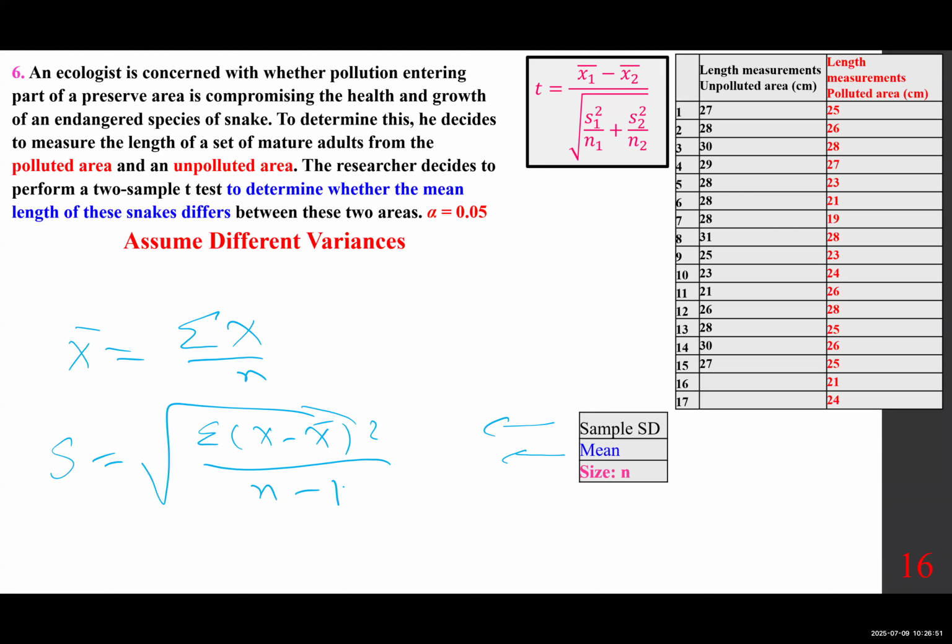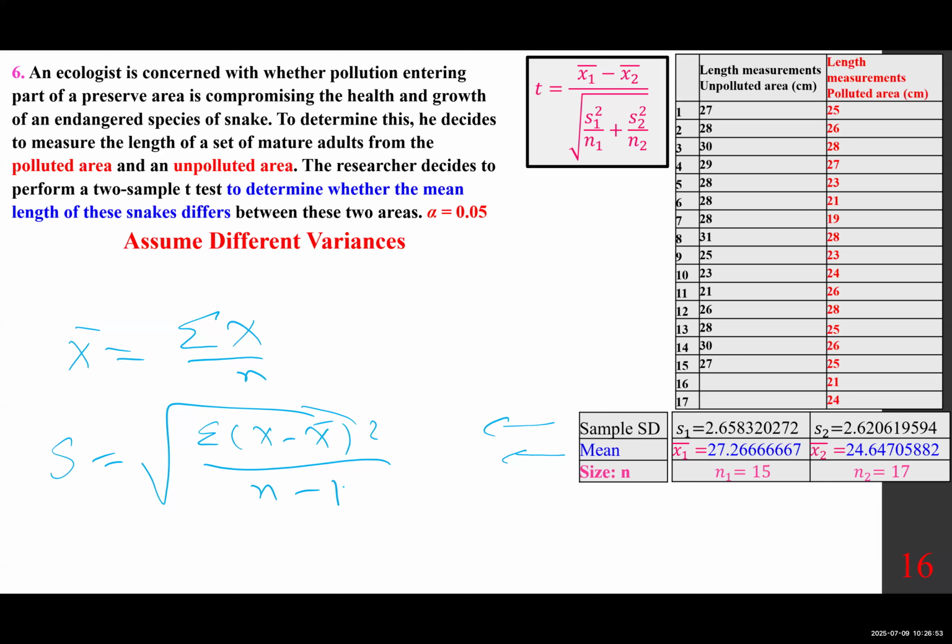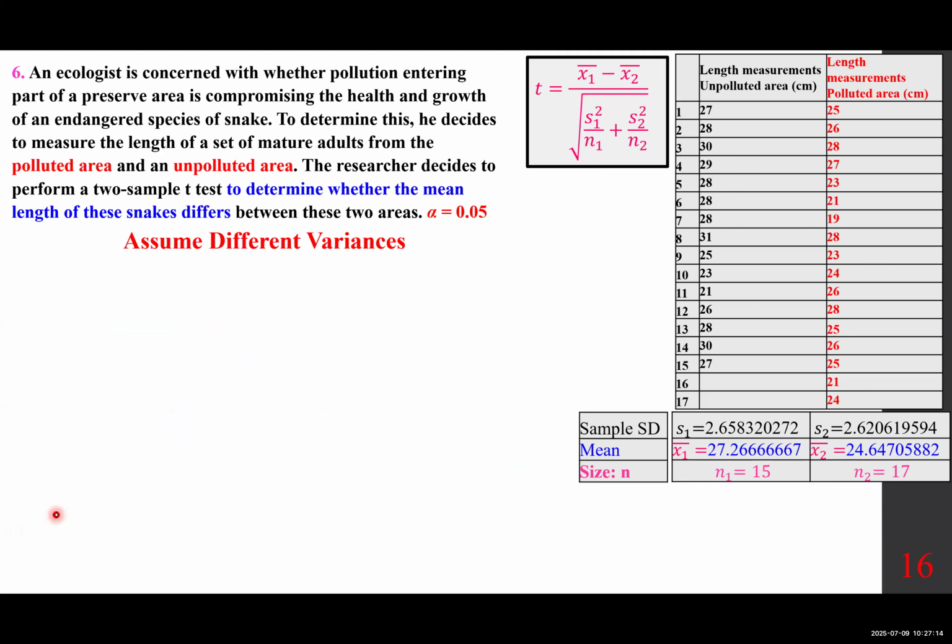And you put that into a calculator and you get the following result, which means S1, the first group, X1 bar, the first group, and S2 and X2 bar. And as I said, N sub 1 was 15 here, N sub 2 was 17 here. I think I mentioned 24 by mistake. But in any event, let's erase it.